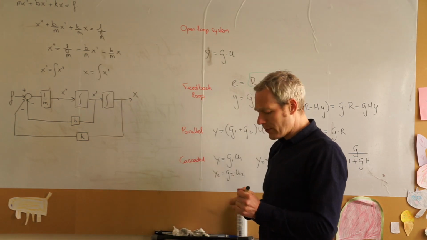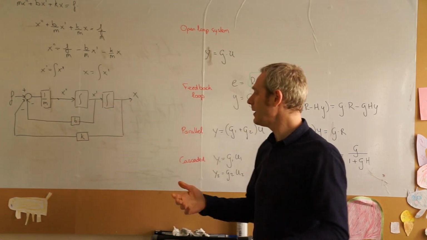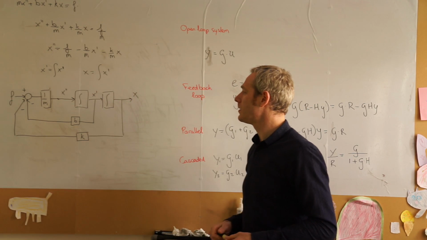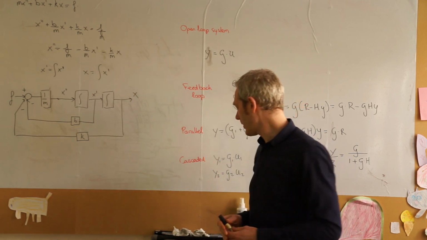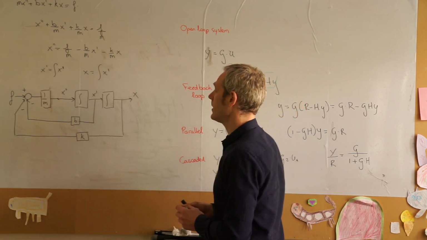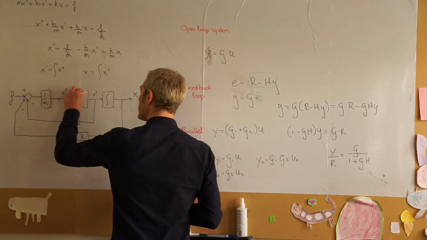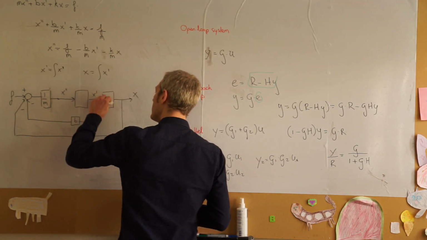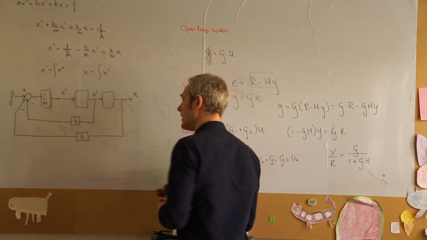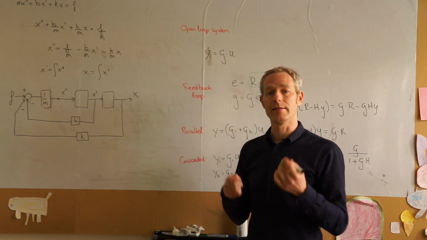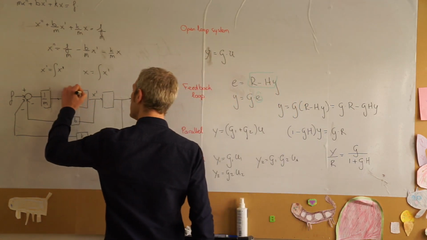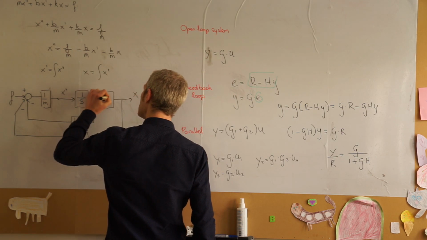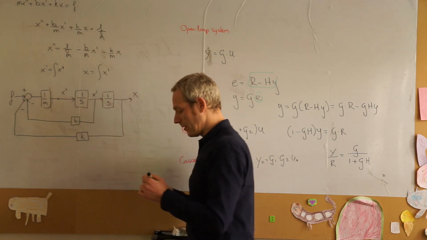Now, if we were to do this mathematically, these integration signs, well, these blocks will be very complicated. The nice thing about the Laplace transform here is that an integrator in the time domain is simply a factor 1 over s in the Laplace domain.